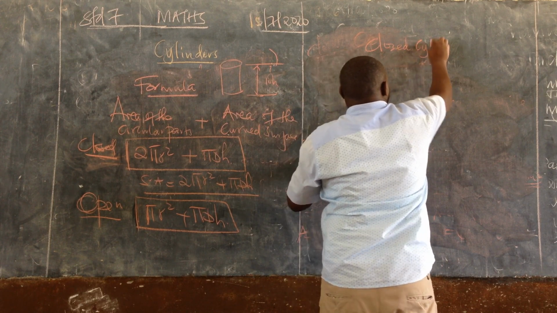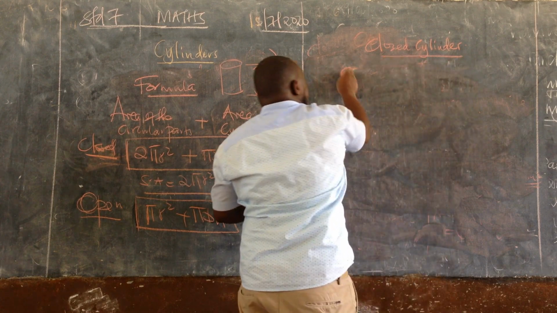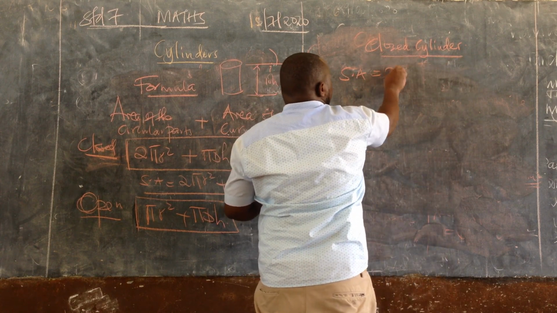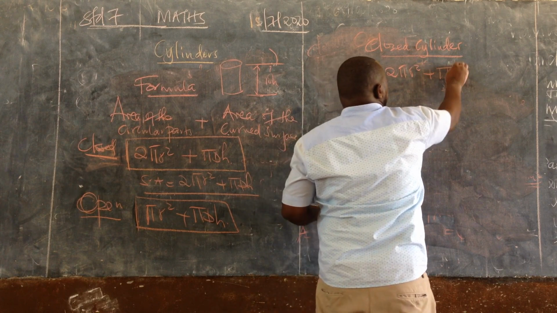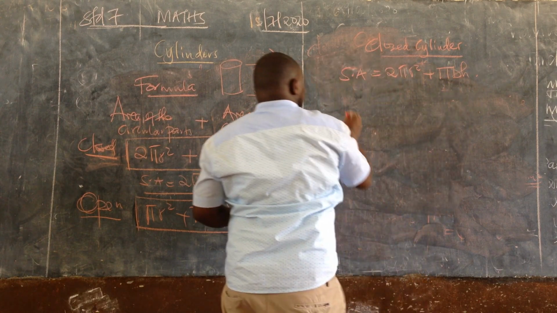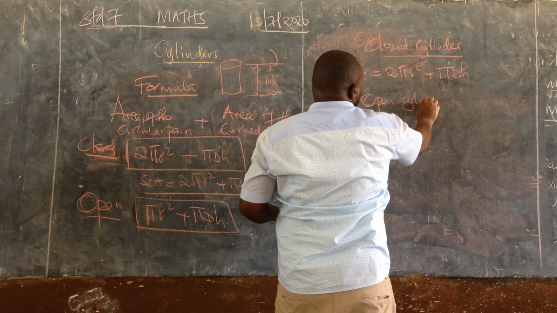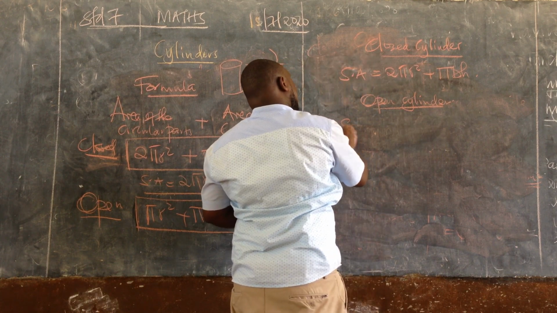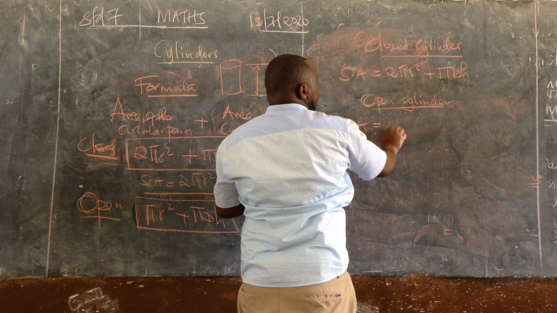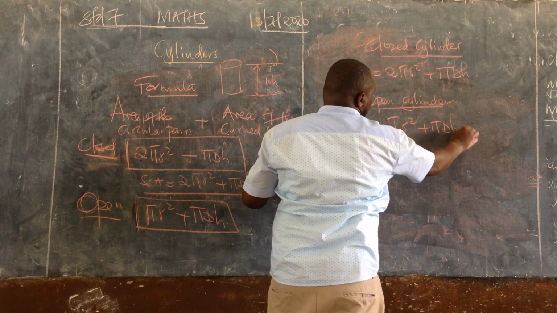Closed cylinder: the surface area is equal to 2 pi r squared plus pi dh. Open cylinder, which has only one circular part, the surface area is going to be pi r squared plus pi dh.